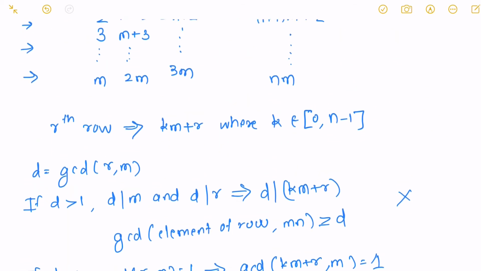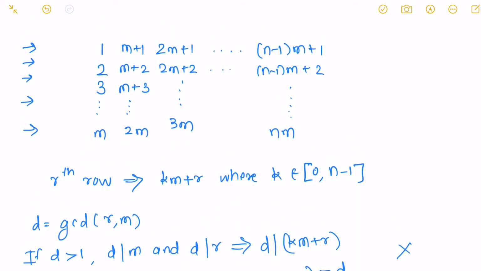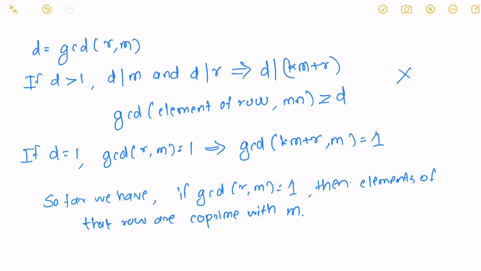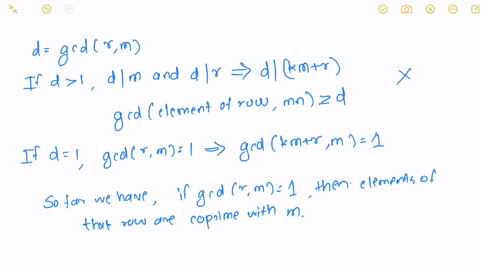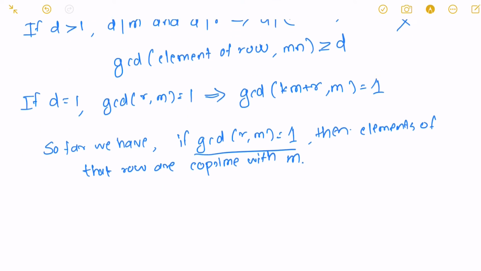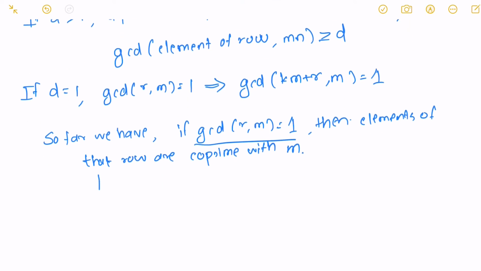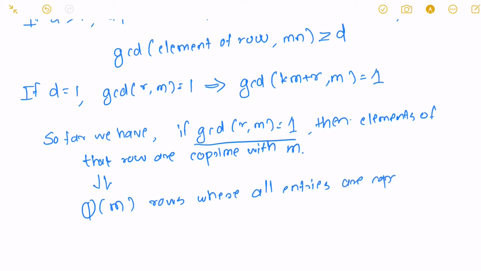So we are looking for all those row indices less than or equal to m which are coprime with m, that is, GCD of r and m is 1. For this the answer will be phi of m. So phi of m rows where all entries are coprime with m.